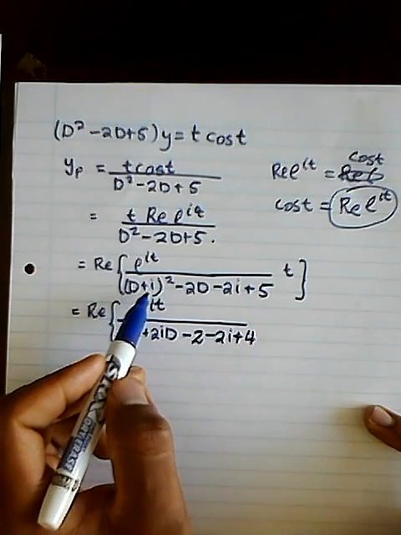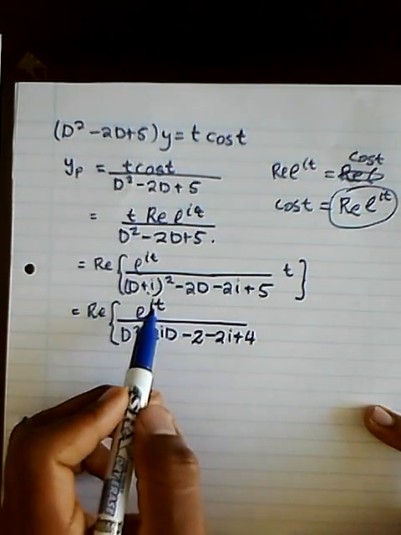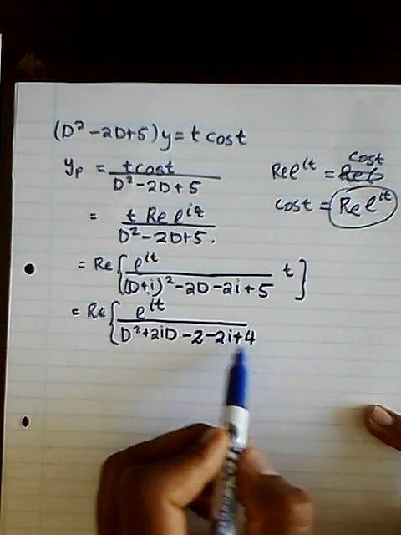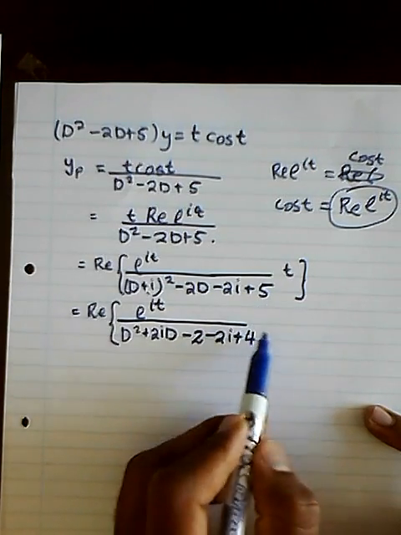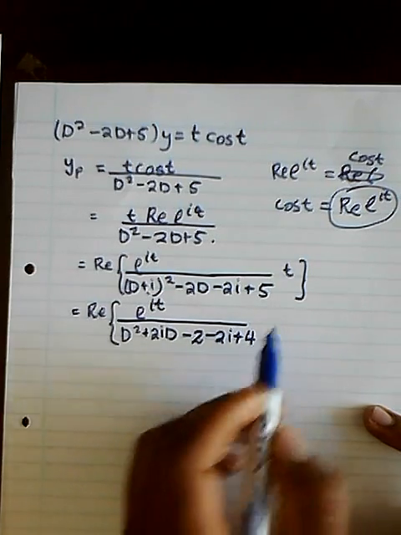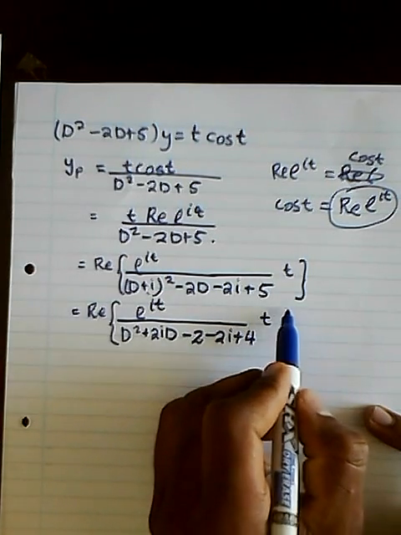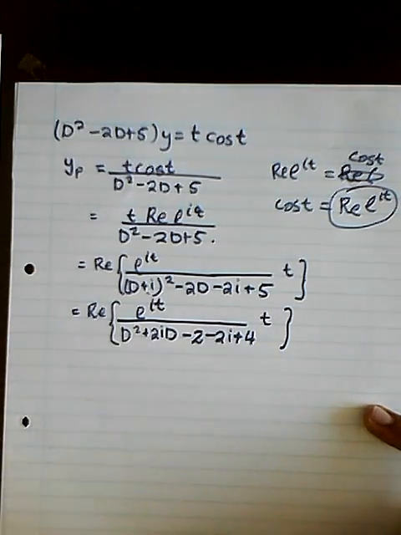Note that here I multiplied i by i and got minus 1, but that minus 1 I brought here and said 5 minus 1 to get 4. And everything is multiplied by t.